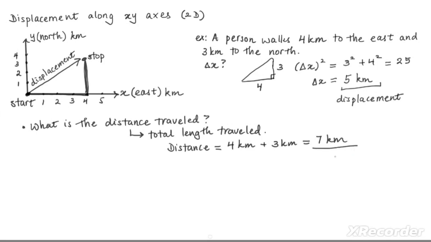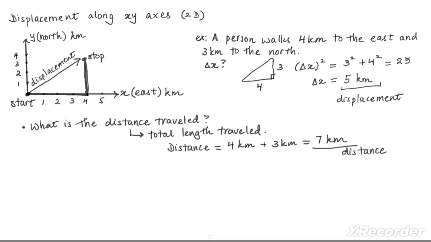So this is the distance. And you can see how displacement is 5 kilometers and the distance is 7 kilometers. Remember, because displacement is a change in position, final minus initial, and distance is the total length traveled.